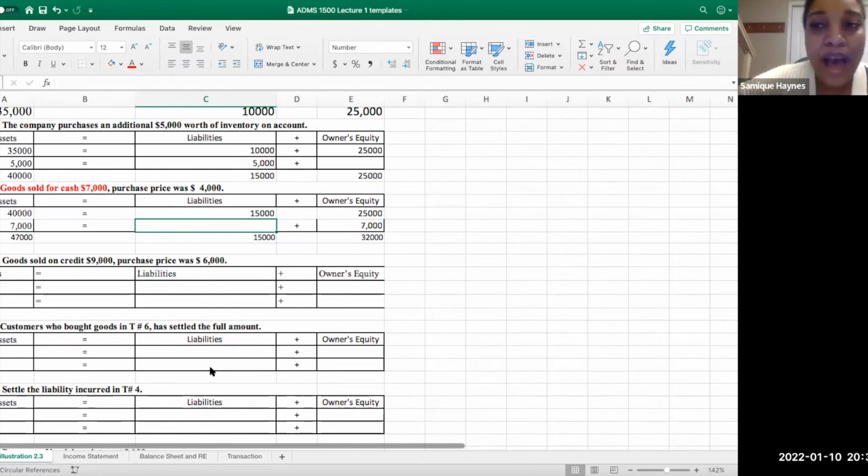Then you have to decide, do I increase cash or do I increase accounts receivable? If the customer paid in cash, I will increase cash under assets. If the customer did not pay me as yet, I will increase accounts receivable under assets. All right, that's how you record a sale.